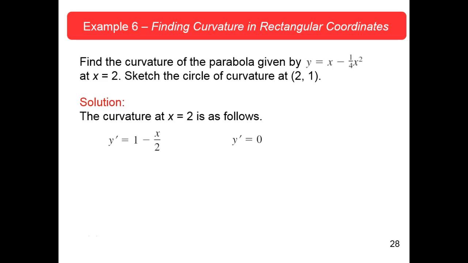At x equal 2, y prime is 1 minus x over 2, which is 1 minus 1, which is 0. So that's the other thing that tells you this is the vertex of the parabola. The parabola is opening downward with (2, 1) being the vertex.